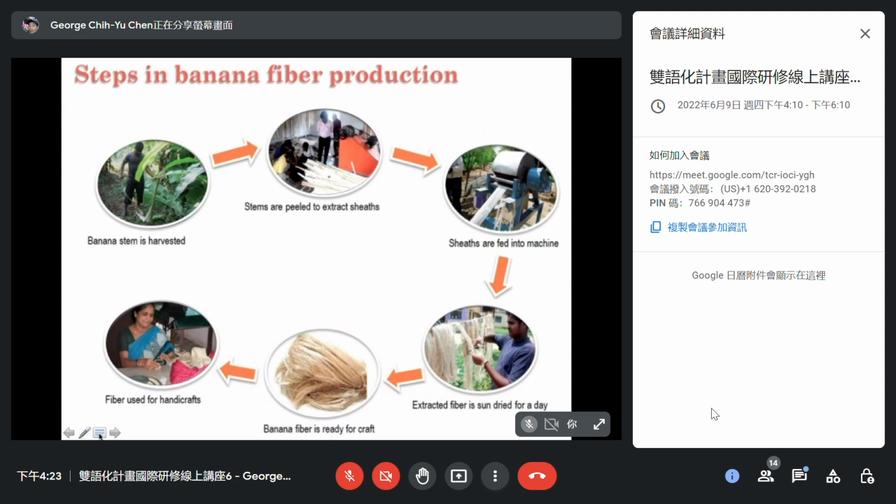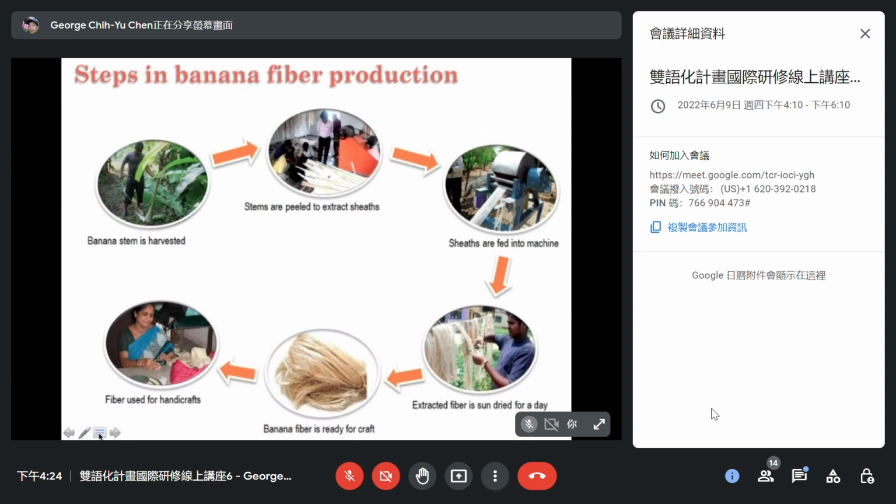So all these layers, once collected, are fed or put into a machine. And this machine has the ability to separate the fiber, so that the workers are able to sun dry the extracted fiber for a day. Extracted means 萃取. And once the fiber is dry, they are ready for craft.